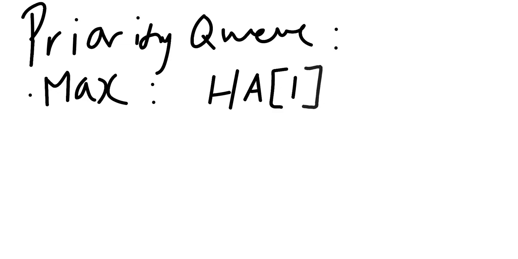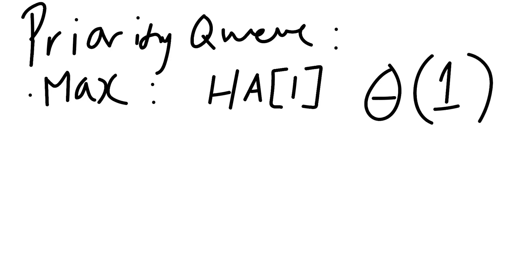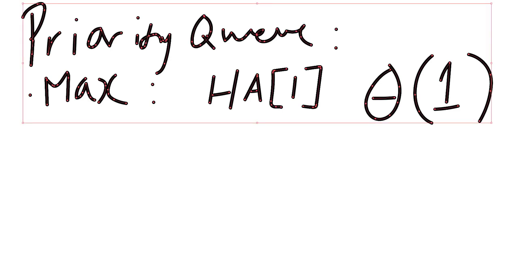So if we have the array representation of this heap, then that's just going to be the heap array at 1. Remember, our indexing begins at 1, so that's why it's heap array at 1 rather than heap array at 0. And this is just always getting the first element, so it's always going to be theta of 1. It's constant time, right? So that's pretty simple. No matter what kind of array we have, what kind of heap we have, we just get the first element, and that's the max.